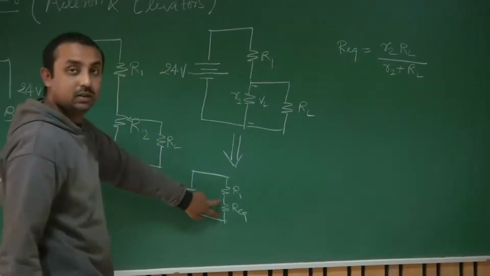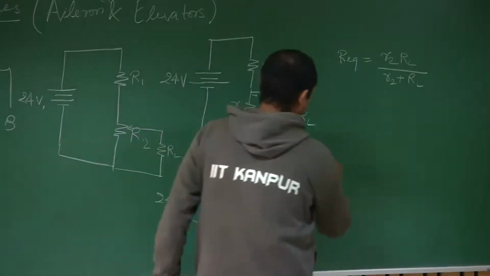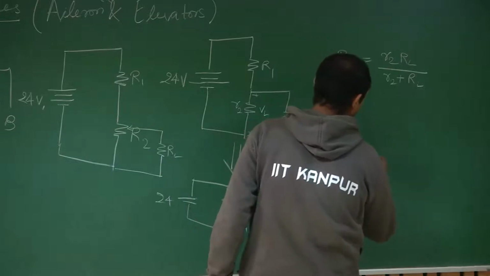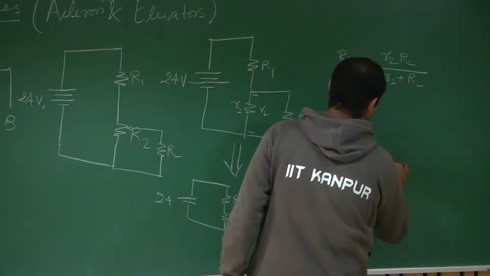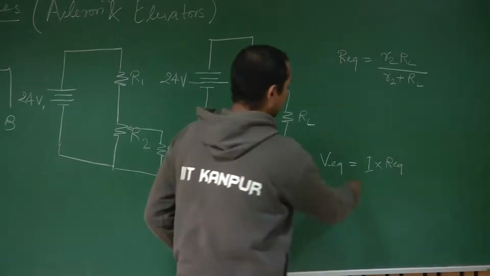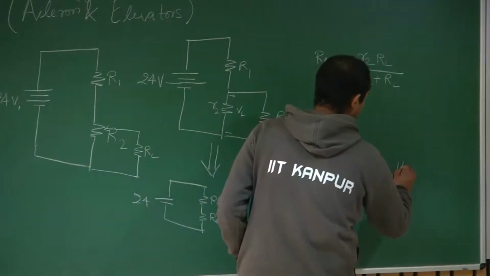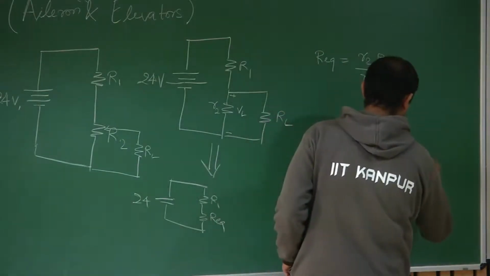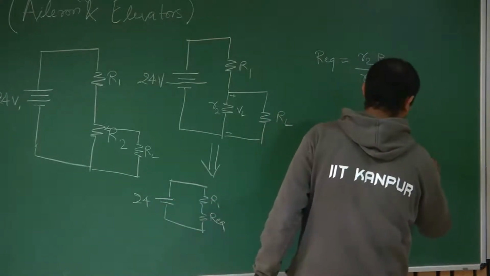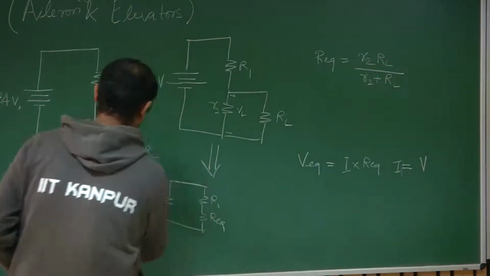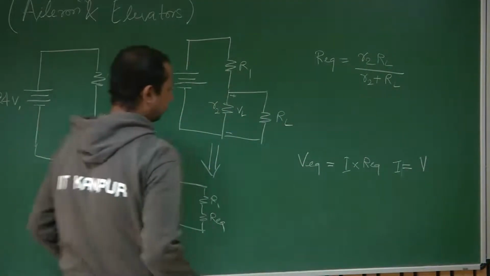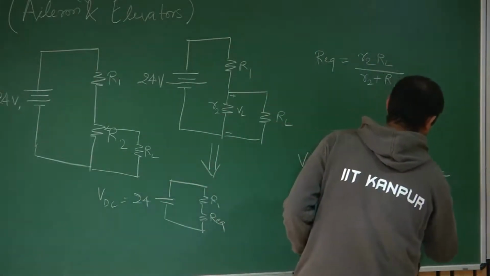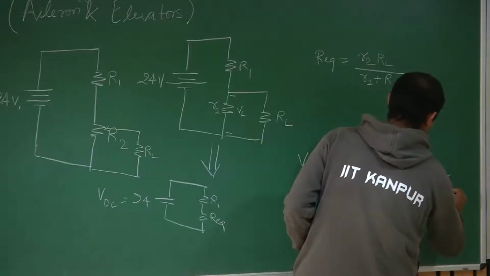So voltage across this resistance will be V equivalent equals I into R equivalent, where I equals VDC divided by R equivalent plus R1.